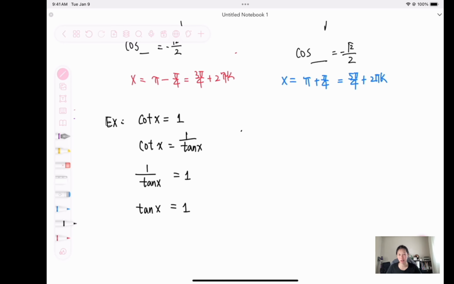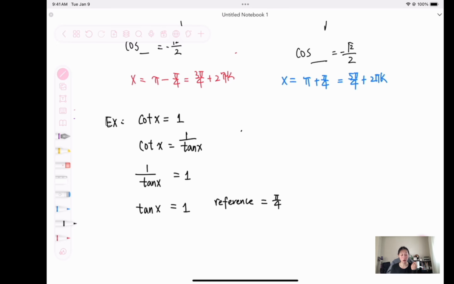When we solve tangent x, what value of tangent x is going to equal 1? Two things that we know. One is that it's positive. The other is the reference angle, where tangent equals 1. So that means the reference angle equals pi over 4, 45 degrees.